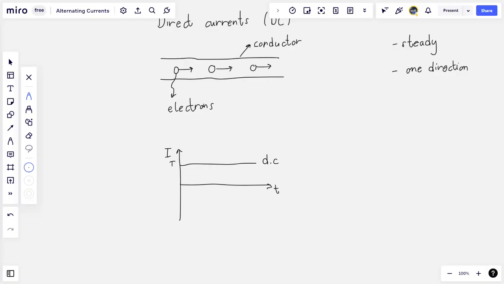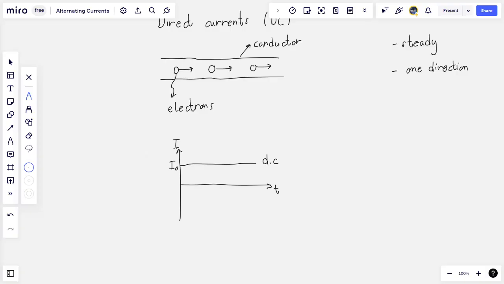It has a value, let's call it I naught, doesn't really matter what we call it, but that value is constant. This current does not change with time, and it turns out that the voltage is the same as well. This is a simple circuit. In a simple circuit, the current isn't changing, and the voltage isn't either. Okay, so that's what we remember from the topic of direct currents.